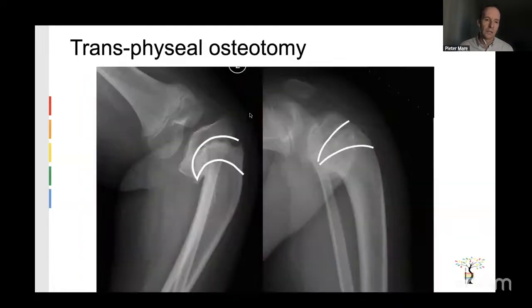We developed this osteotomy, the transphyseal osteotomy, and that involves a large resection of a cuneiform bone fragment from the metaphysis, going through the physis proximally, removing the patella tendon, and then reattaching it, and then acutely shortening and correcting all aspects of the deformity as much as is possible while maintaining perfusion in the limb.